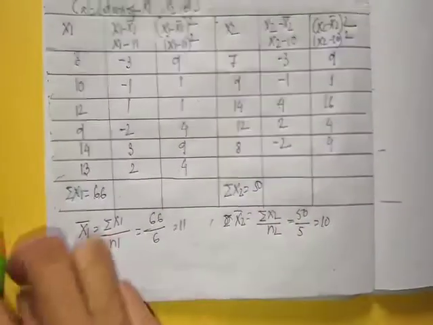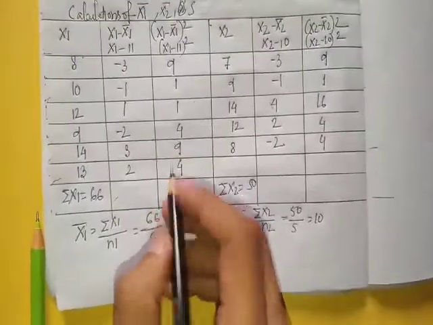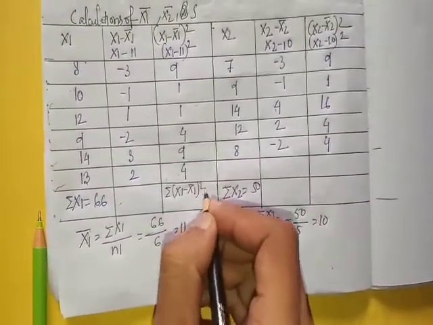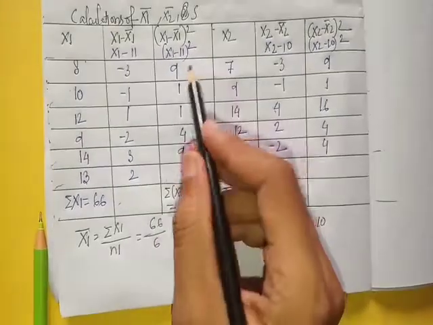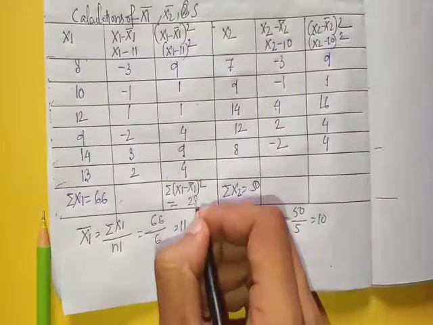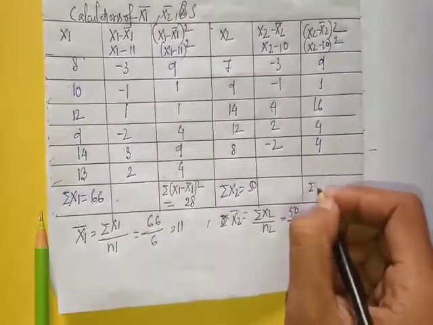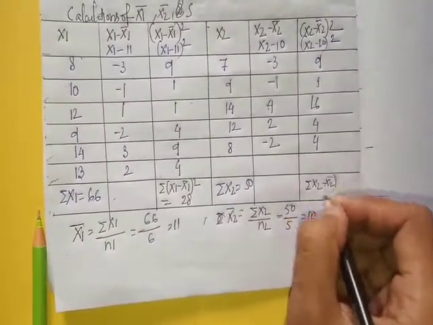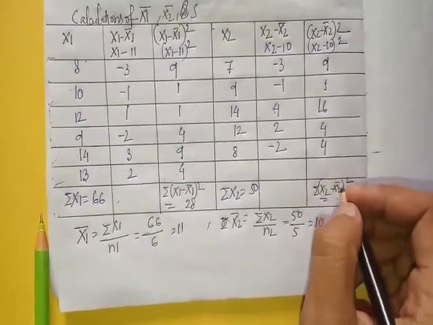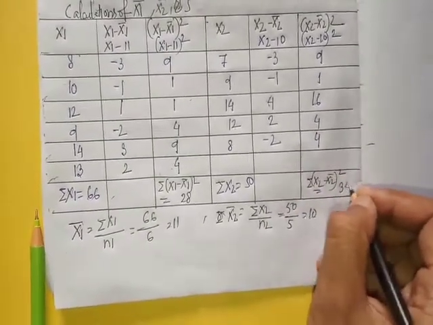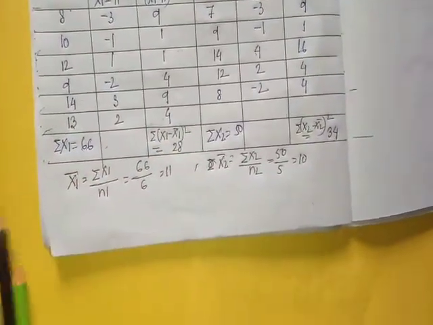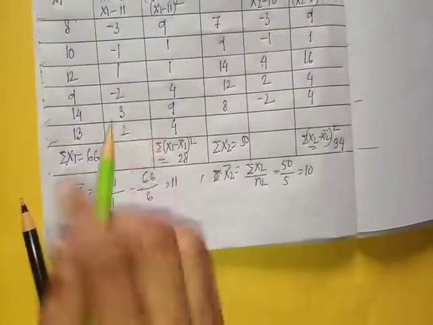So next, summation x1 minus x1 bar whole square is equal to 9 plus 1 plus 1 plus 4 plus 9 plus 4, which is 28, and summation x2 minus x2 bar whole square is equal to 9 plus 1 plus 16 plus 4 plus 4, which is 34. Next, s.